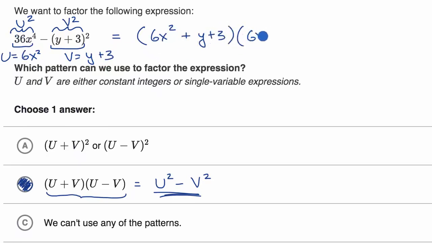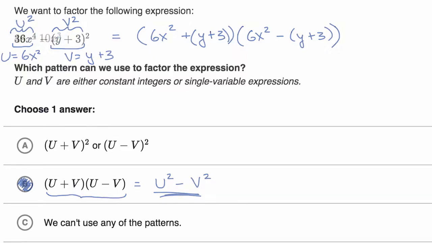U is 6x squared. Minus v is minus y plus 3, or we could distribute the negative sign. But either way, this might make it a little bit clearer what we just did. We used the pattern to factor this higher degree polynomial, which is essentially just a difference of squares.